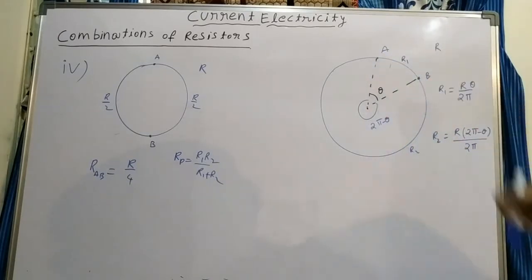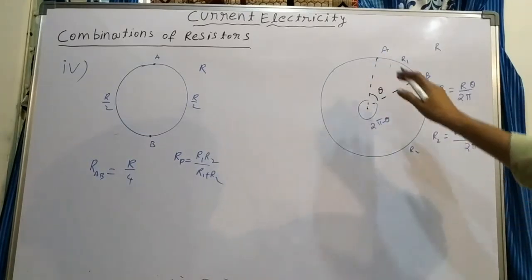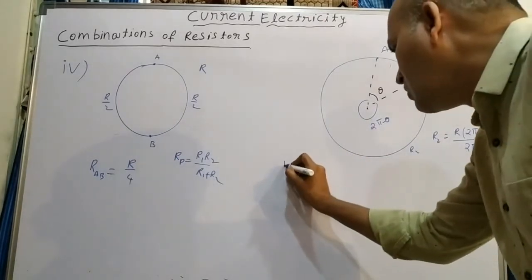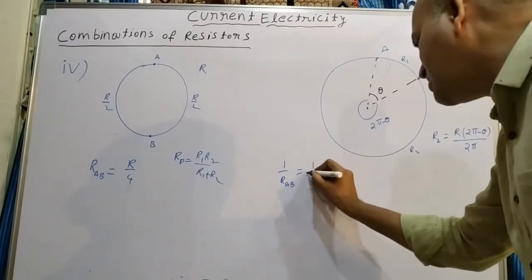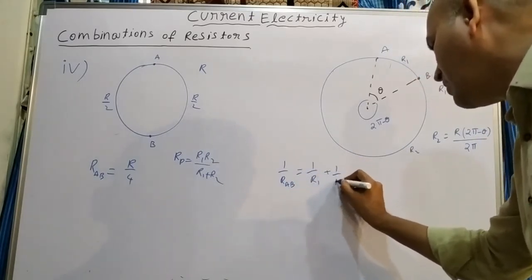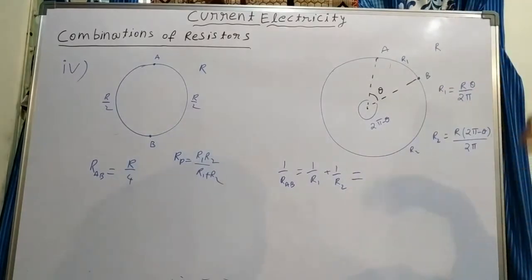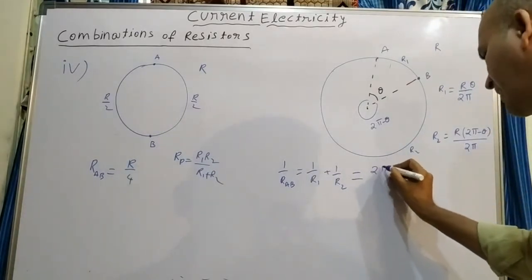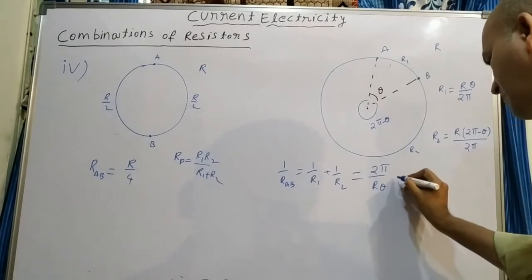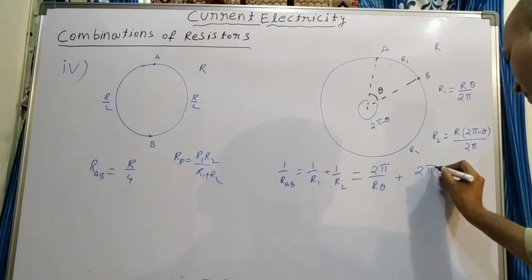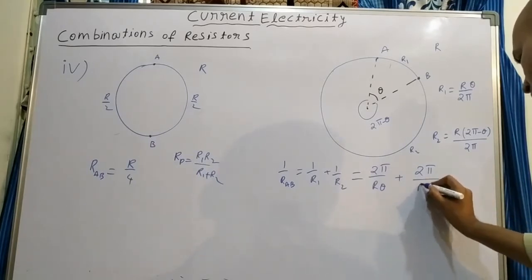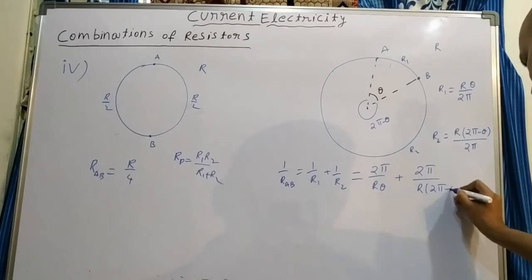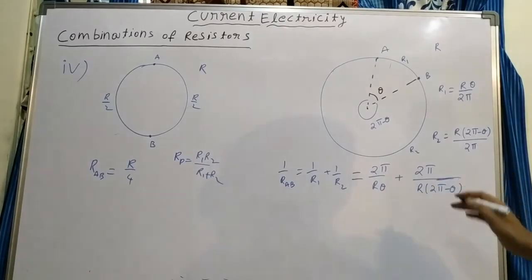These two are parallel between A and B. So suppose 1 by RAB is equal to the parallel combination, 1 by R1 plus 1 by R2. From that, the reciprocal is 2 pi by R theta plus 2 pi by R into 2 pi minus theta. Take the LCM and finally take the reciprocal.